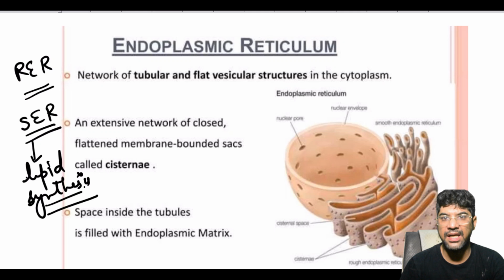Apart from that, we have the cytoskeleton, made up of microfilaments, intermediate filaments, and microtubules that provide structural support and facilitate movement and transport within the cell. The third is the nucleus. The nucleus is the control center of the cell, housing the cell's genetic material.